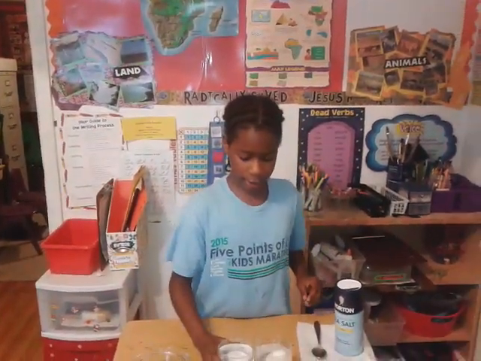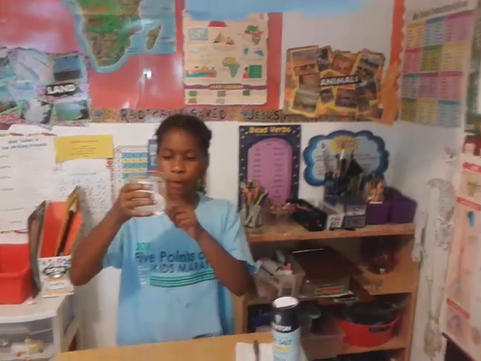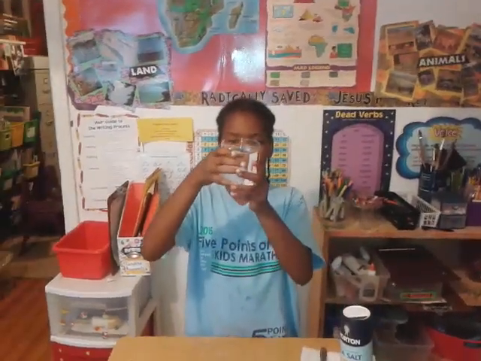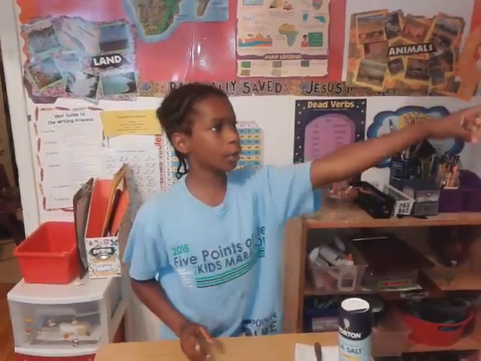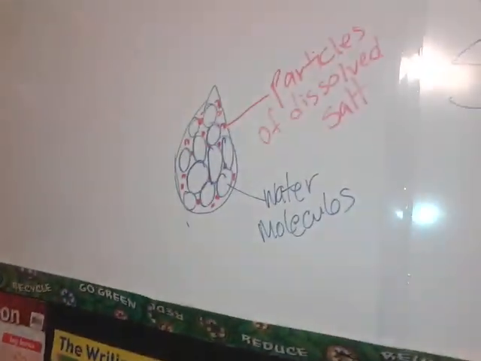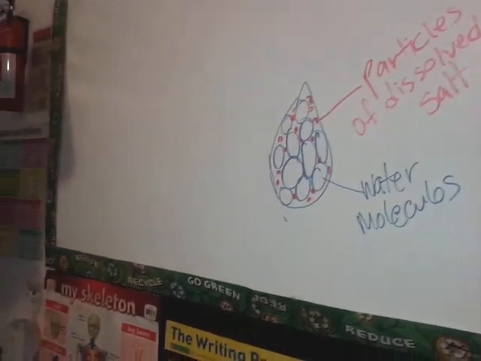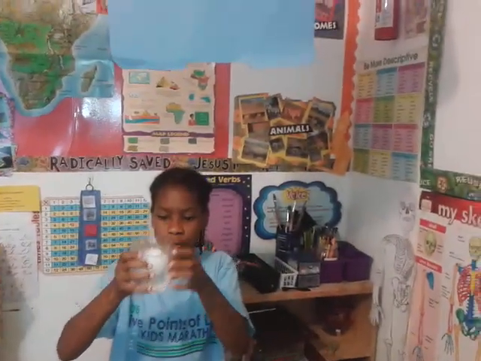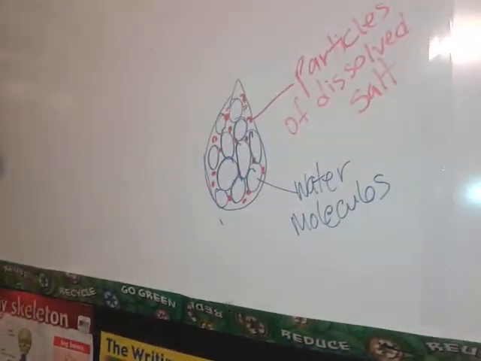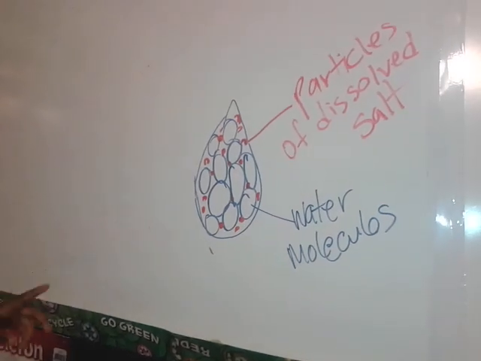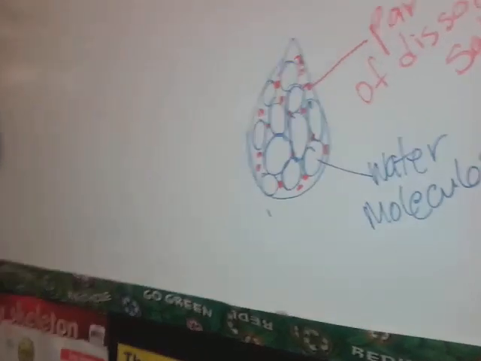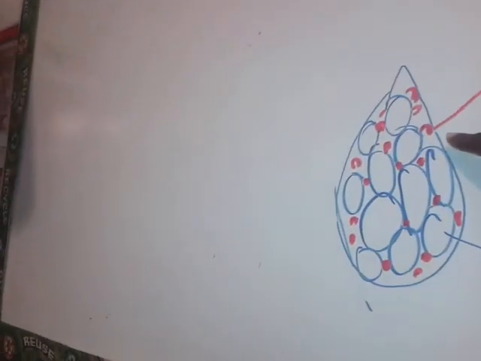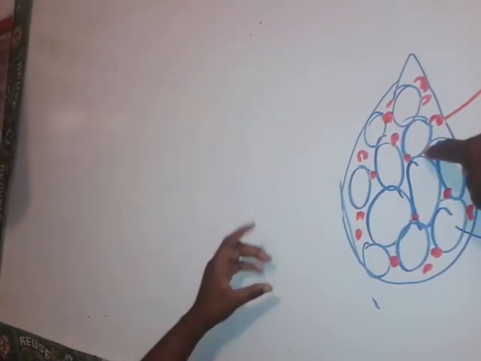When this is just a plain cup of water, it's not going to float because all the water molecules are big, and then when I add the salt in this water, all the particles of dissolving salt make... Well, what happens? The particles of the dissolved salt are fitting where?